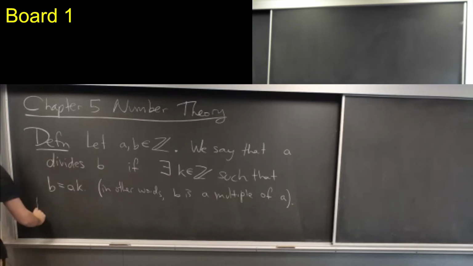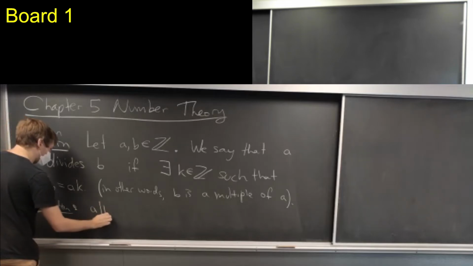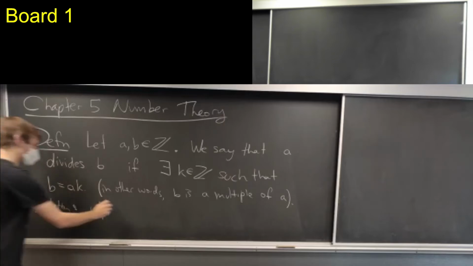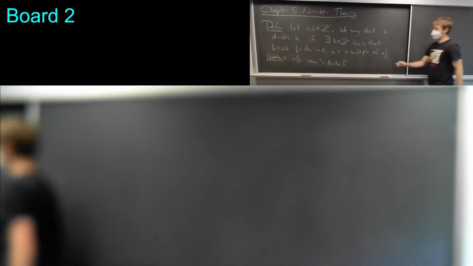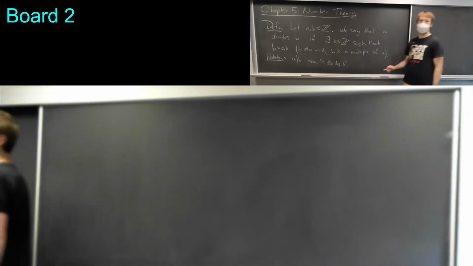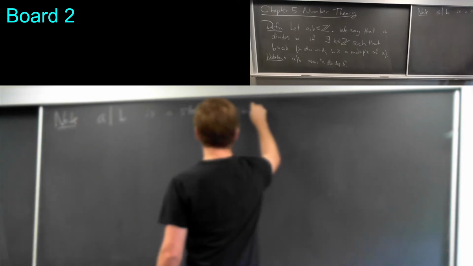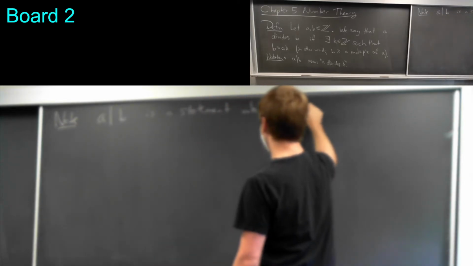The notation for this is we write a with a straight, vertical line, b. So this means a divides b. Note that this is a statement, right? A statement is a thing which is either true or false.